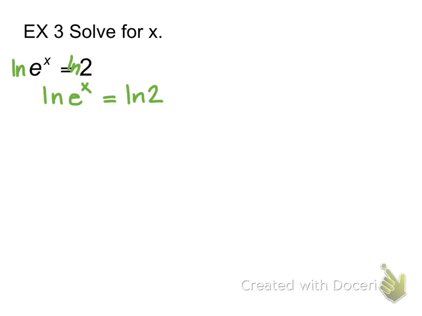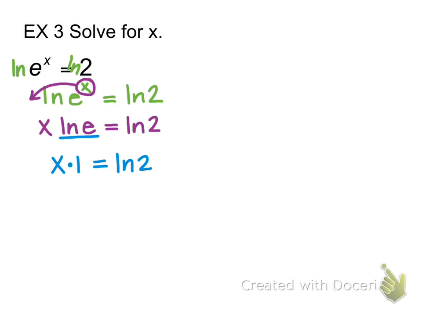So this is going to be the ln of e to the x equals ln of 2. Then I can bring my exponent down out front. So x times ln e equals ln 2. Now you can pretend that you need to divide by the natural log of e on both sides, or if you remember, the natural log of e is a property that it always equals 1.